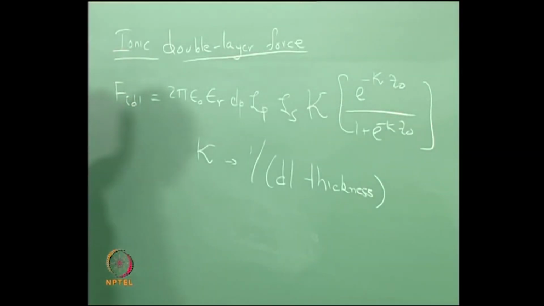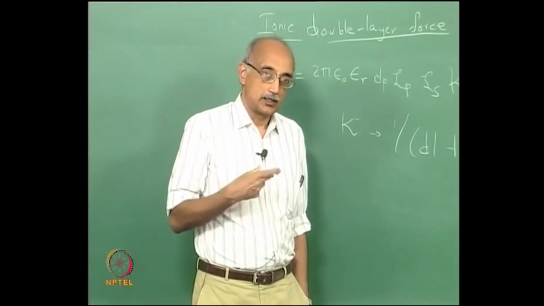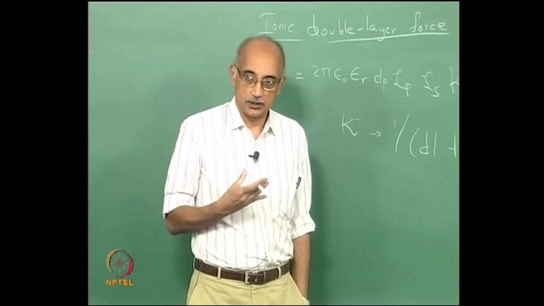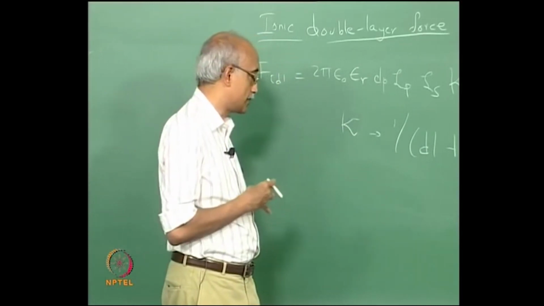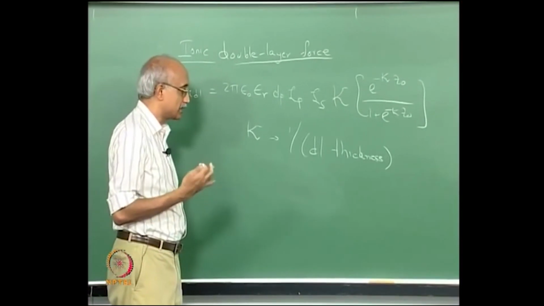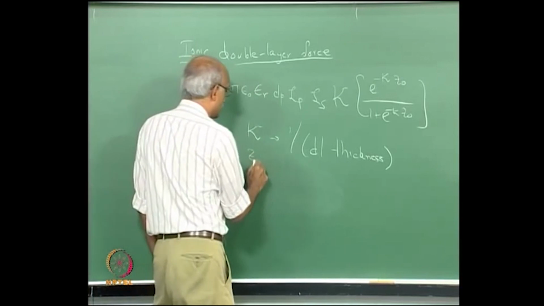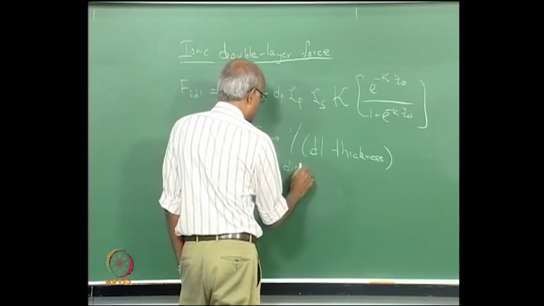So, this parameter is very much influenced by the ionic conductance of the liquid and the electrolyte concentration in the liquid. So, kappa is very sensitive to how conductive the liquid is, or basically the concentration of ions in solution, and z0 is again the distance of separation.